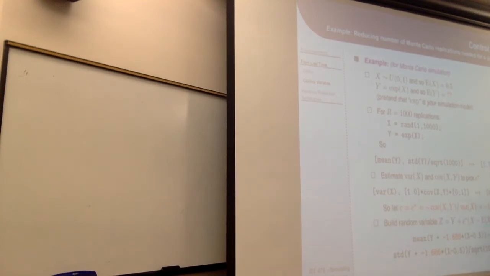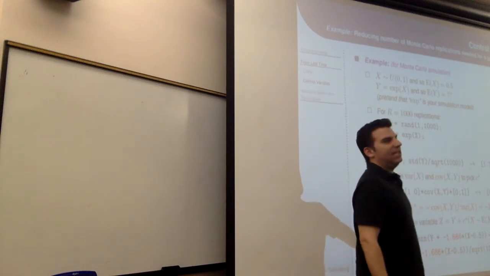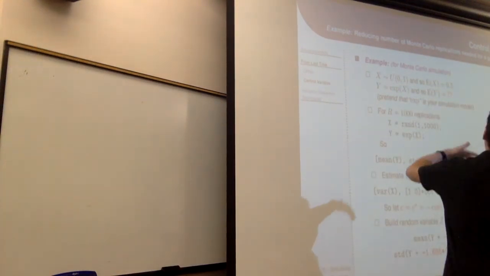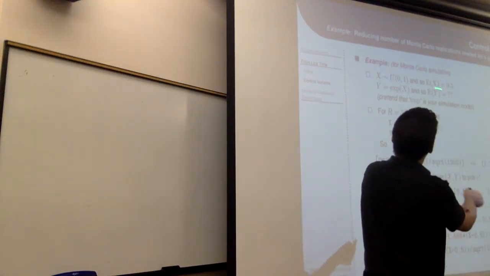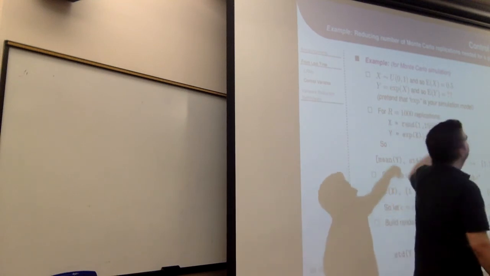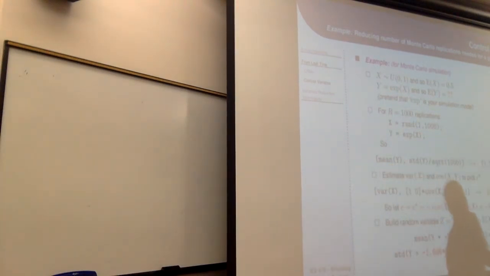I ran 1,000 replicates in either case, but with a little bit of arithmetic I got far less variance. That's because I used the knowledge I have about my input, and modeled the input's effect on the output to subtract it away so that I can get a better idea of what the mean is with the same number of replications.